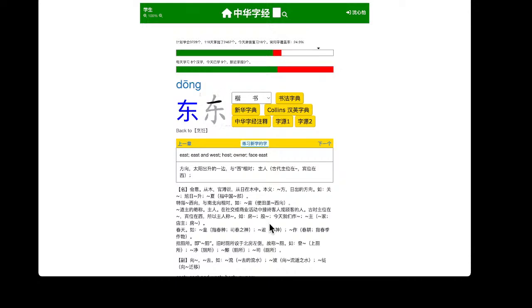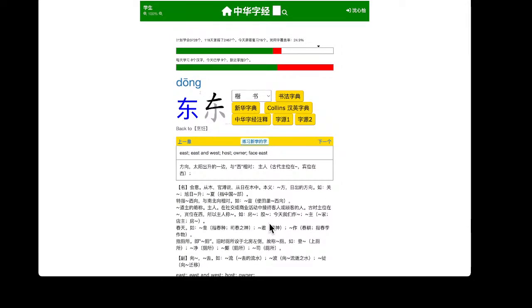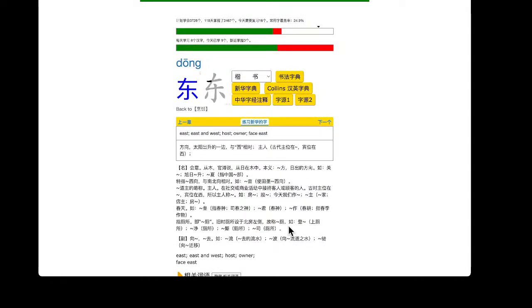And another interesting thing is that in old days it refers to toilets. Why? It's because in old days those toilets were built in the northeast corner, and this is because in China the wind direction is usually from the southeast towards the northwest.